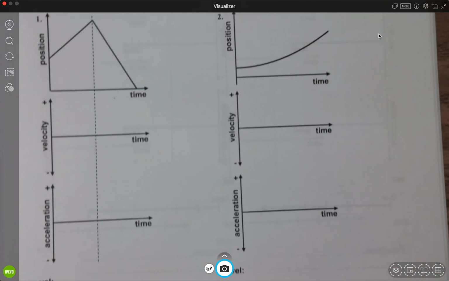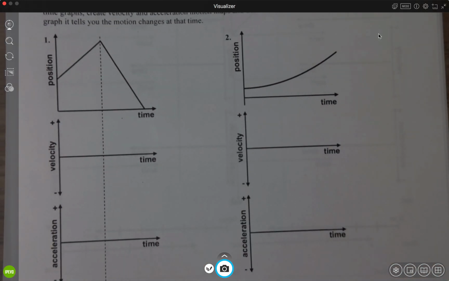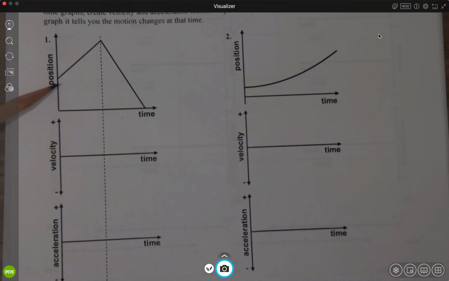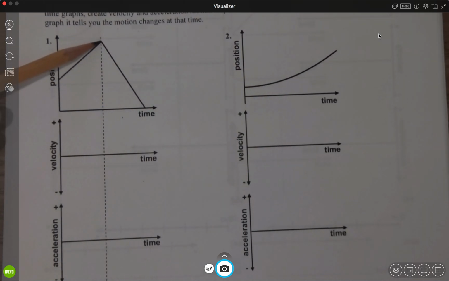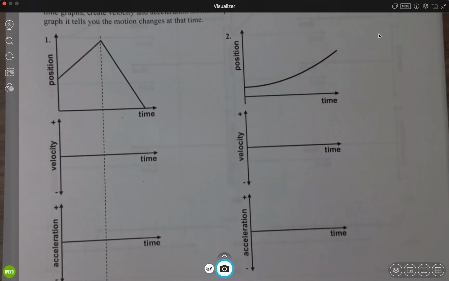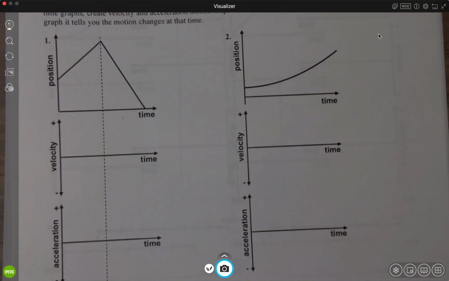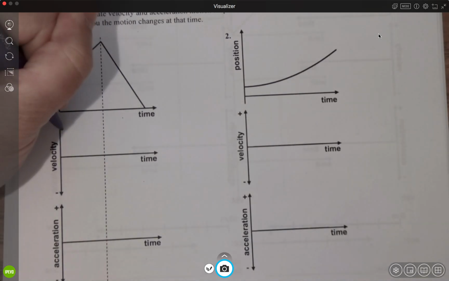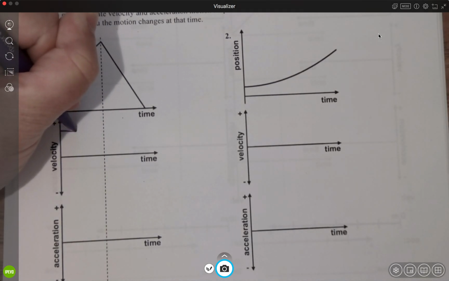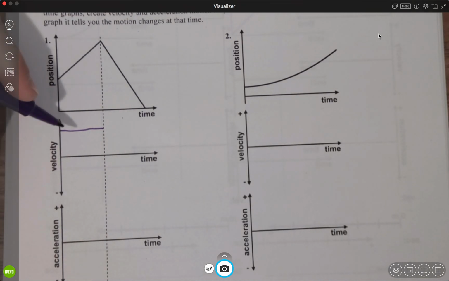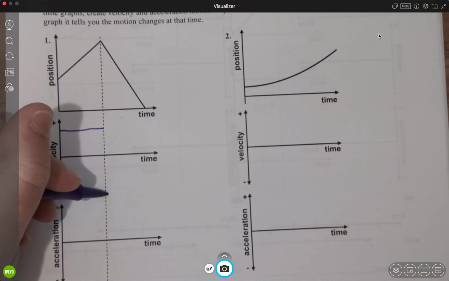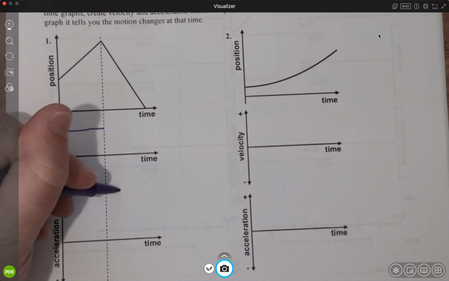As we look at number 1, we have an object that increases its position and then turns around and starts going in the negative direction. So we see that this first object goes in the positive direction for some time, and then it goes in the negative direction more on the back end.